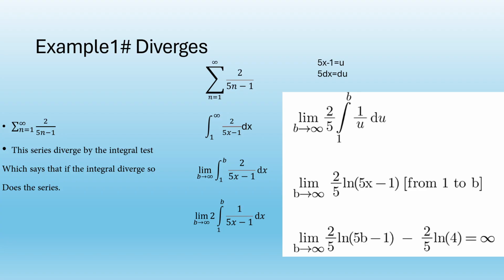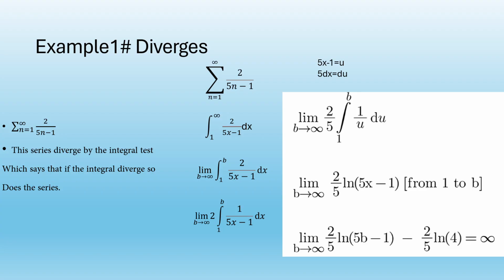We have the series 2 over 5n minus 1, and since it checks off the list, we know that it is continuous from 1 to infinity, and it is decreasing, and it is positive, we will now use the integral test.